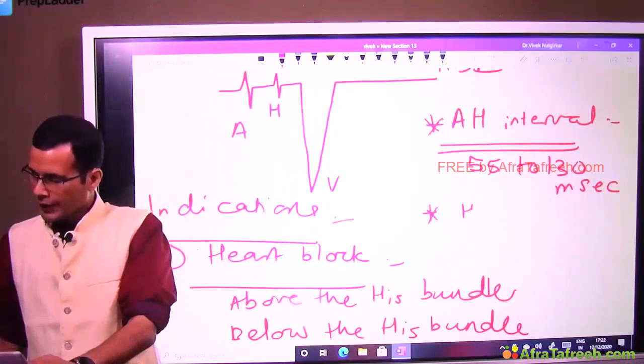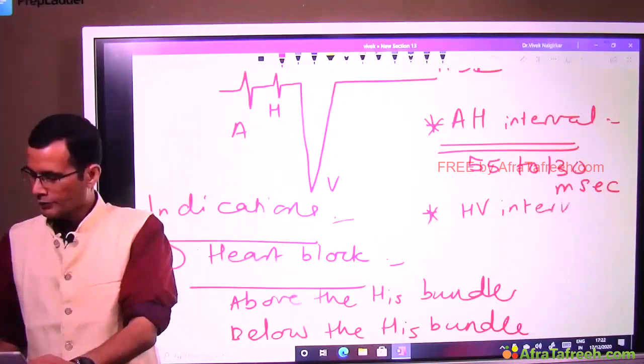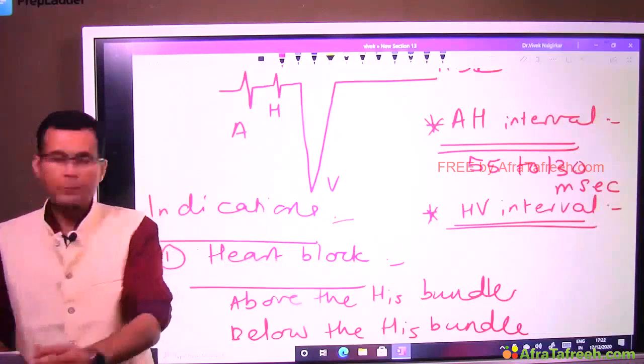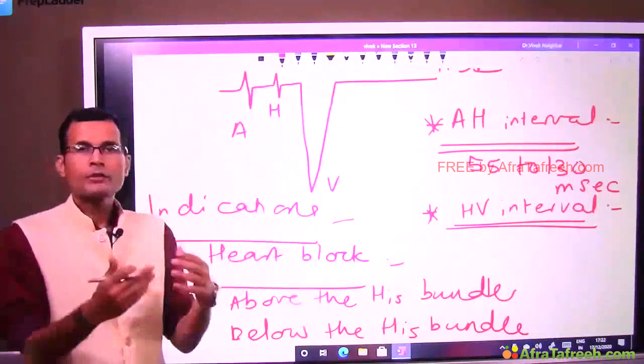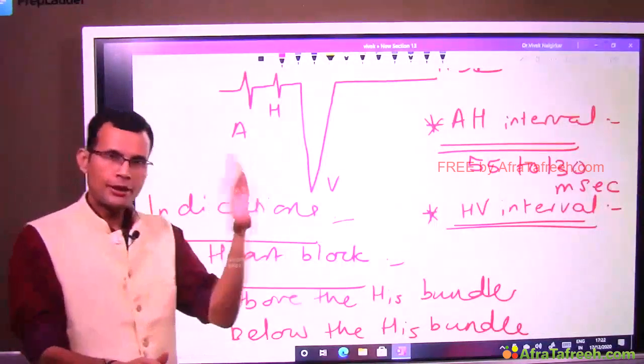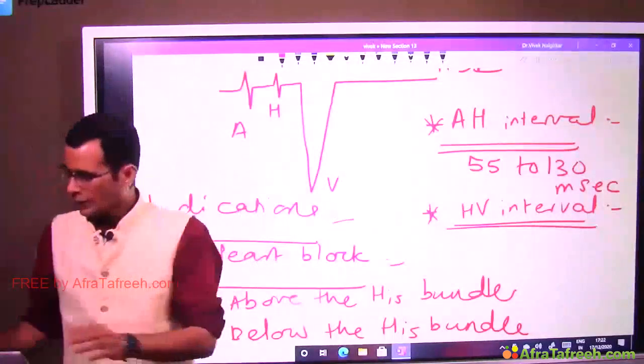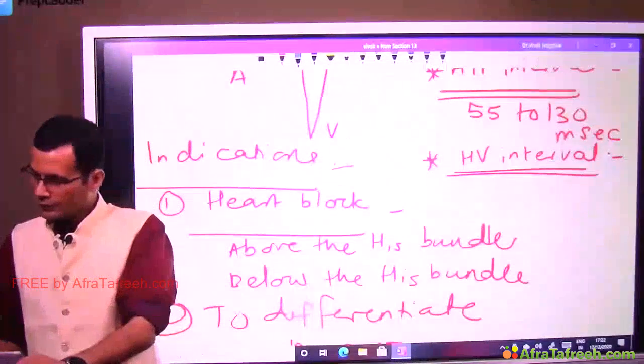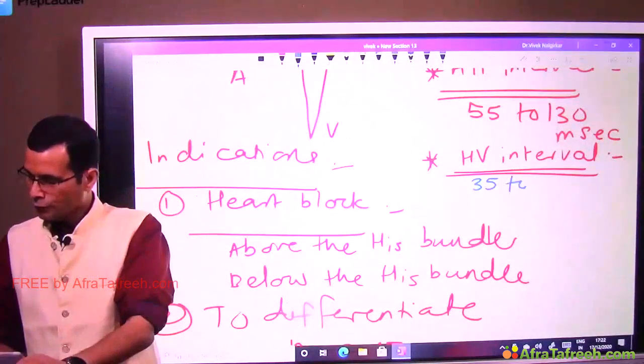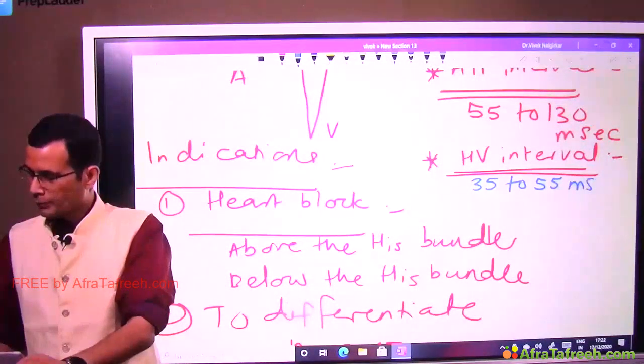And HV interval. It represents the time taken to travel from the His bundle up to the ventricles. The normal value is 35 to 55 milliseconds.